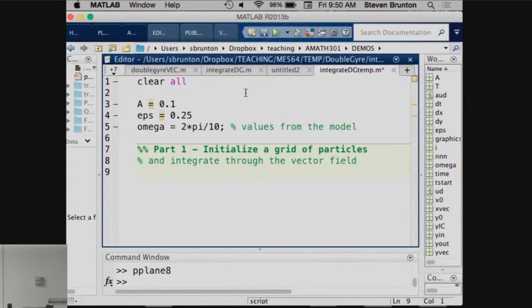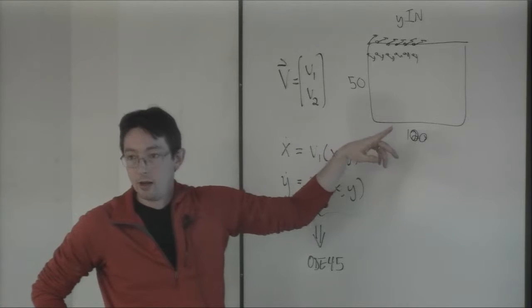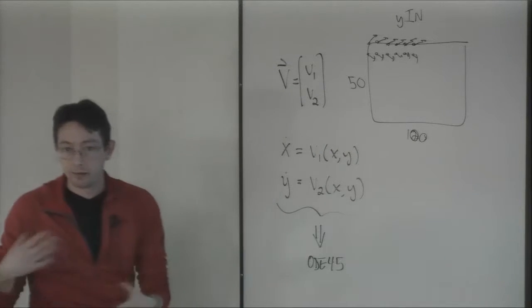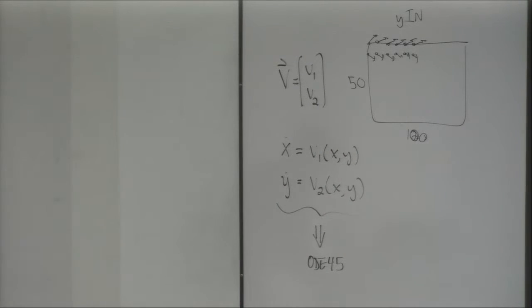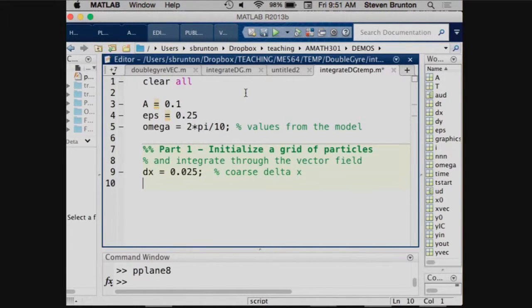What is the resolution that I'm going to start looking at this system? And in real life, I would use something pretty small like 0.01 or 0.001. But to make this fast and kind of reasonable, I'm going to choose kind of a coarse dx just so we can see things move quickly. So 0.025, this is a coarse delta x.